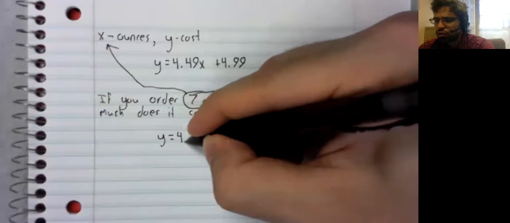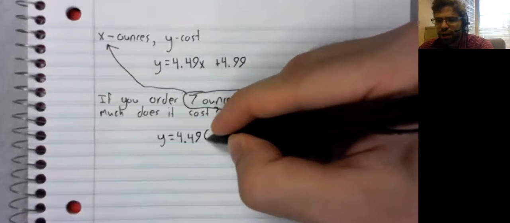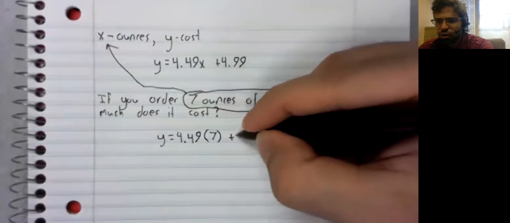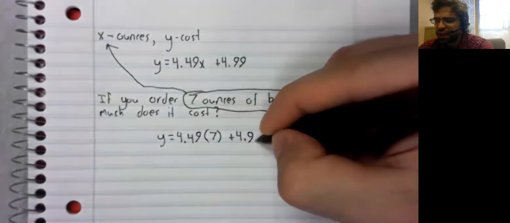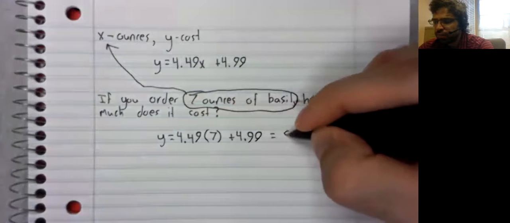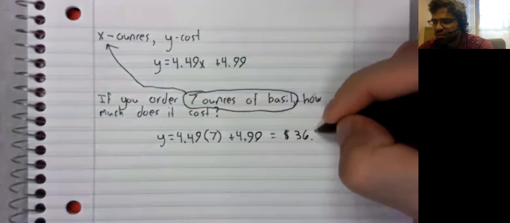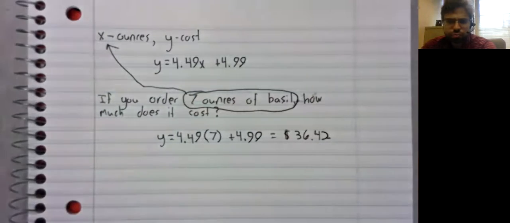So we're not really solving an equation at all. We're just plugging 7 in here. And we get 36.42.